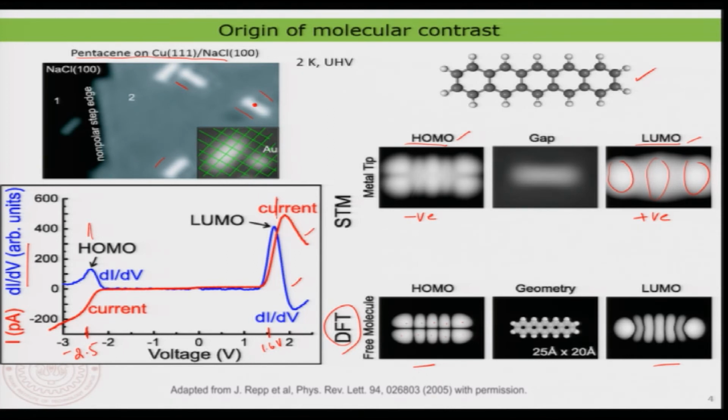So, ideally what you are measuring, if you are selectively measuring at a given voltage, is nothing but the electron density corresponding to that particular electronic state. This is quite important. You are ideally imaging the molecular orbital itself. Yeah? That is the interesting aspect of imaging this kind of molecule at different voltages.